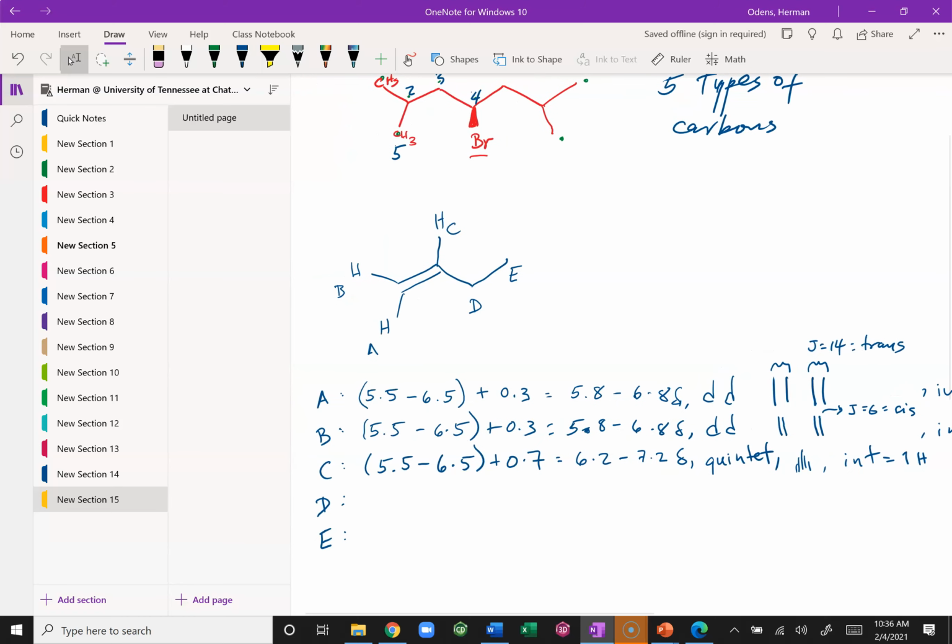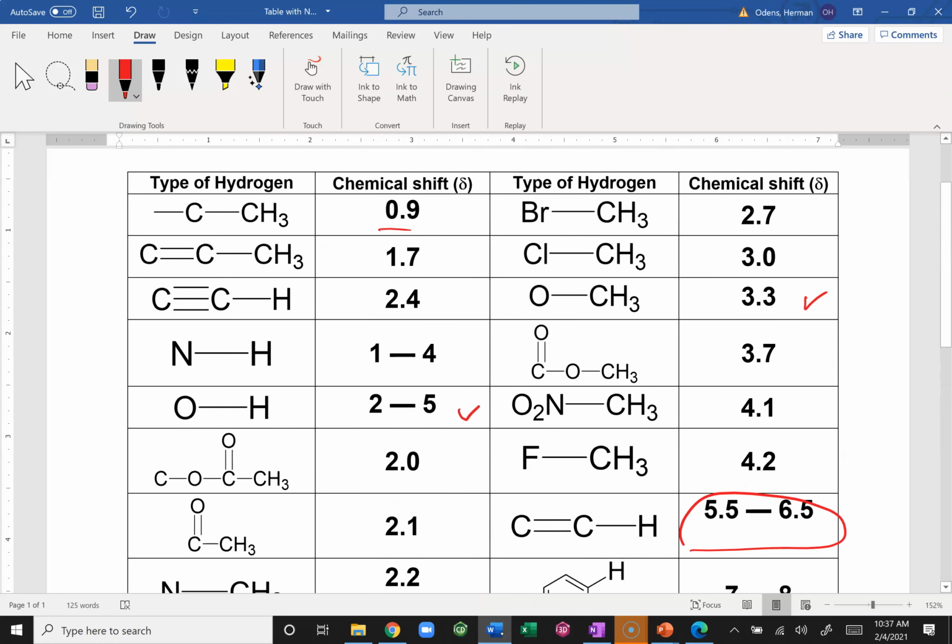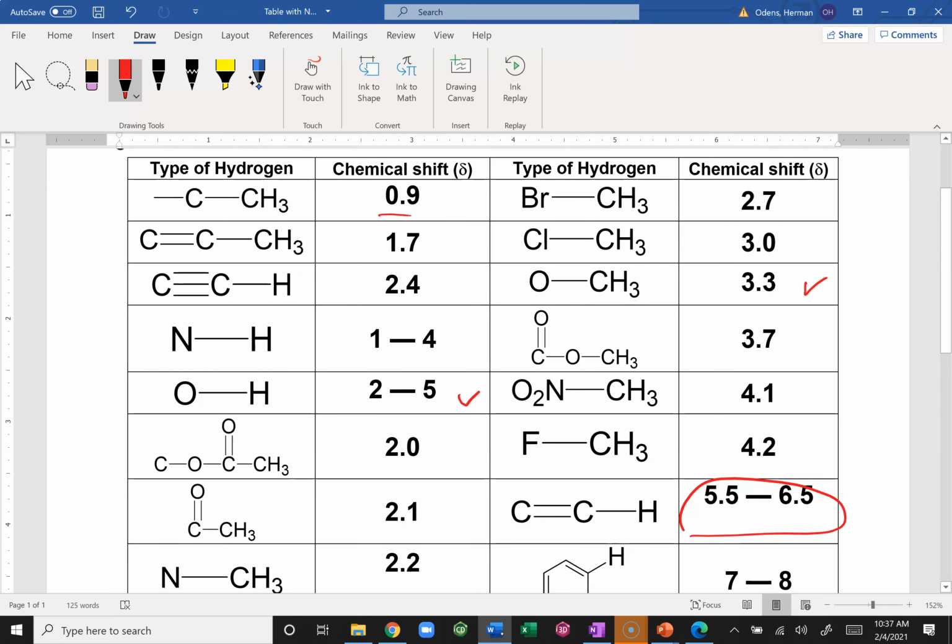And then you have D. D is attached to A, so this will be similar. Let's see. Oh, look at this. D will be this one.